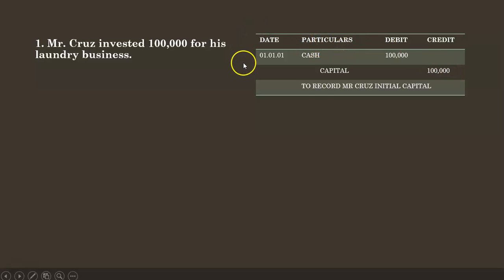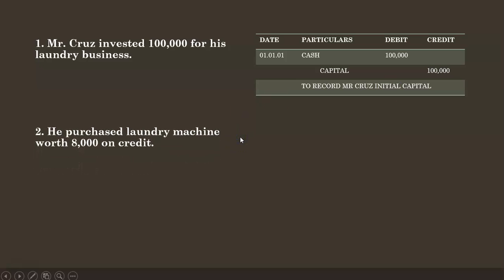And journalizing, do not forget your explanation to record Mr. Cruz initial capital or to record Mr. Cruz invested capital. So whatever the explanation you want will do, as long as you can explain what can happen in each transaction.